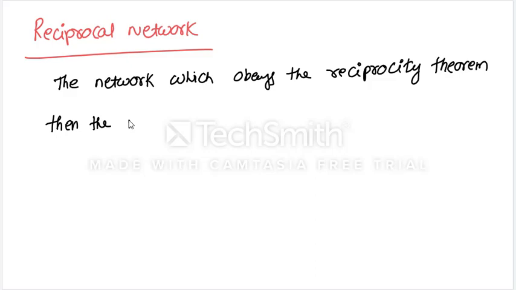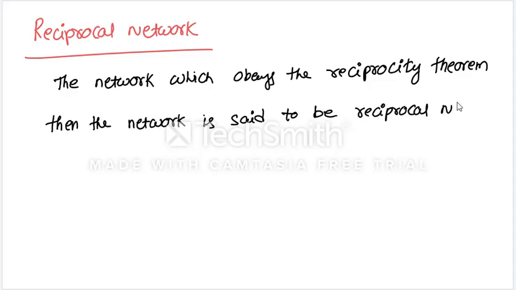Then the network is said to be a reciprocal network. Previously we have seen the reciprocity theorem. If the network satisfies the reciprocity theorem, then we can call it a reciprocal network.